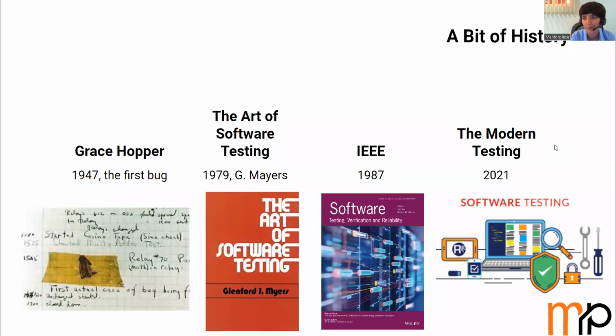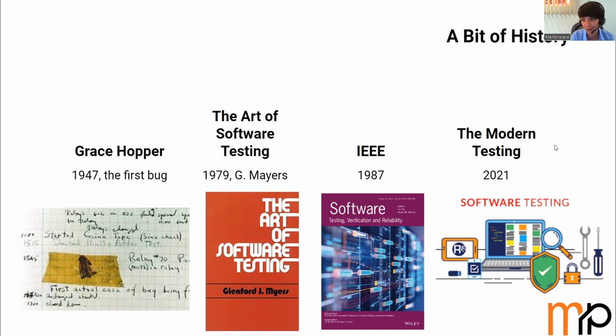She was the first programmer. She had a huge computer in her room, and she created, for example, the first compiler and the first compiled program. But we, as testers, remember her because she found the first bug.